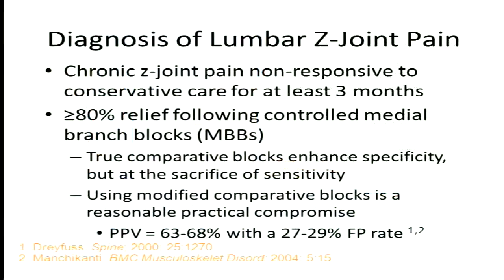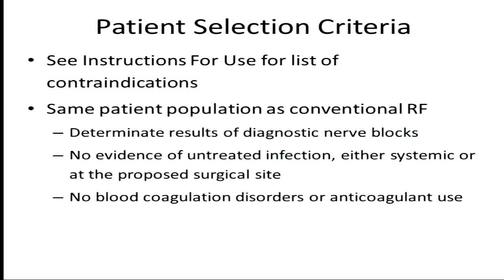We can further enhance our positive predictive value by doing modified comparative blocks, as Dreyfus has pointed out. That substantially increases the positive predictive value, still with a fairly significant false positive rate, but it is probably the most specific, sensitive way to diagnose this.